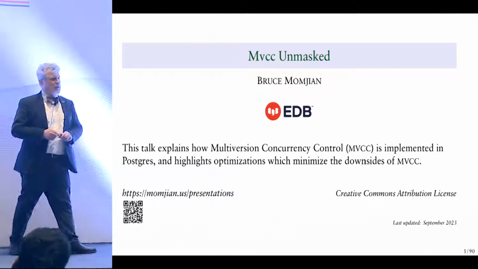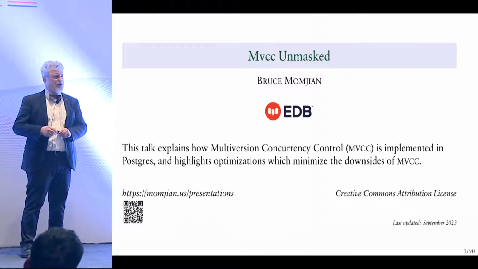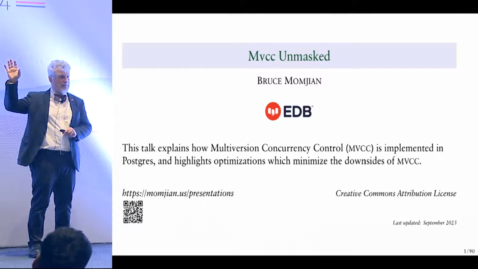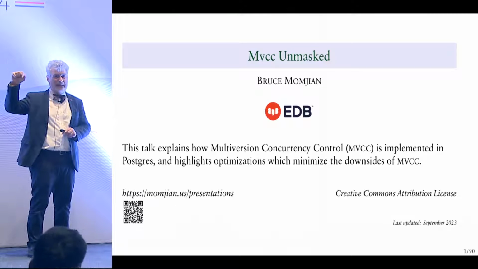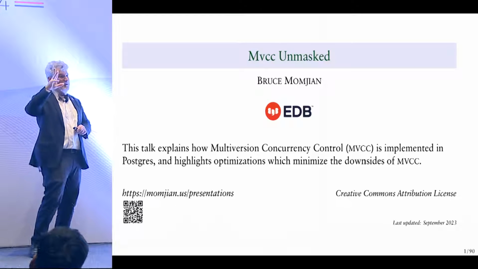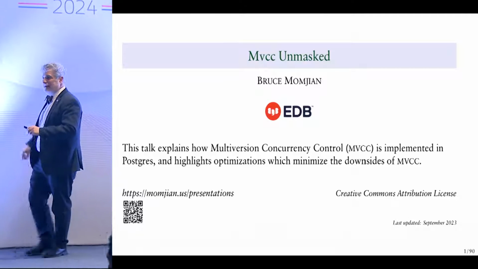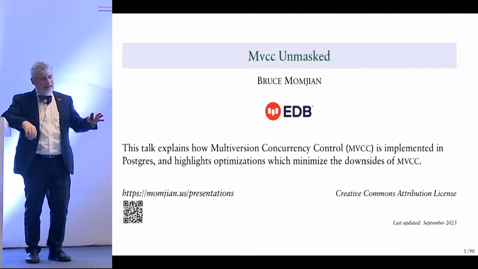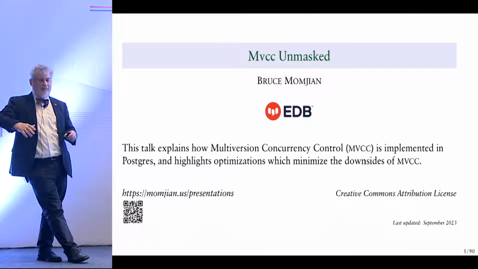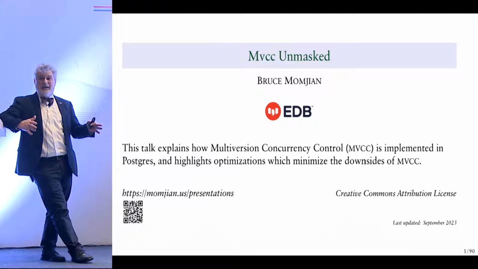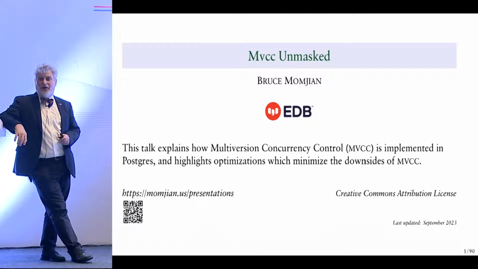How many people were at Ben Dalton's concurrency talk earlier today? Okay, 1, 2, 3. It's not every day I have an opportunity for somebody to basically set me up for my talk, but effectively that's what he did.